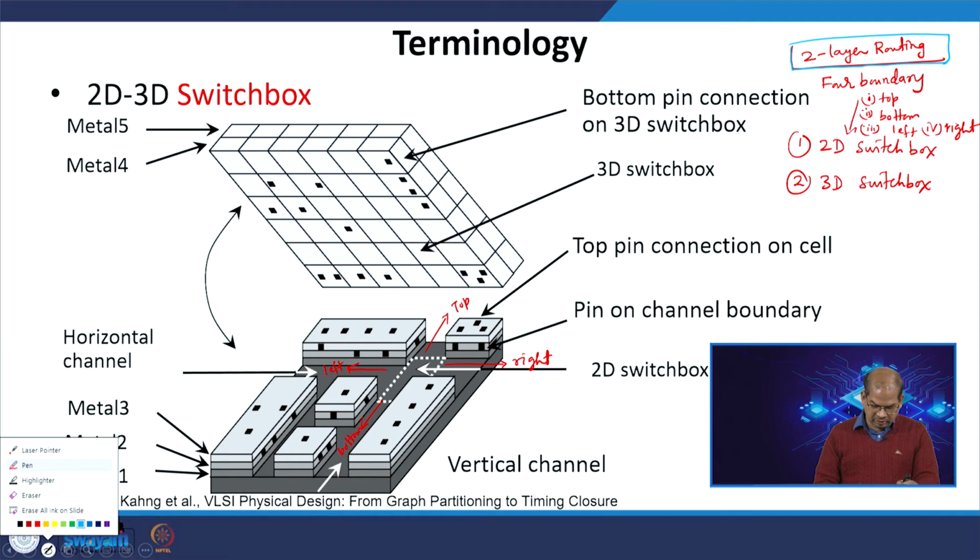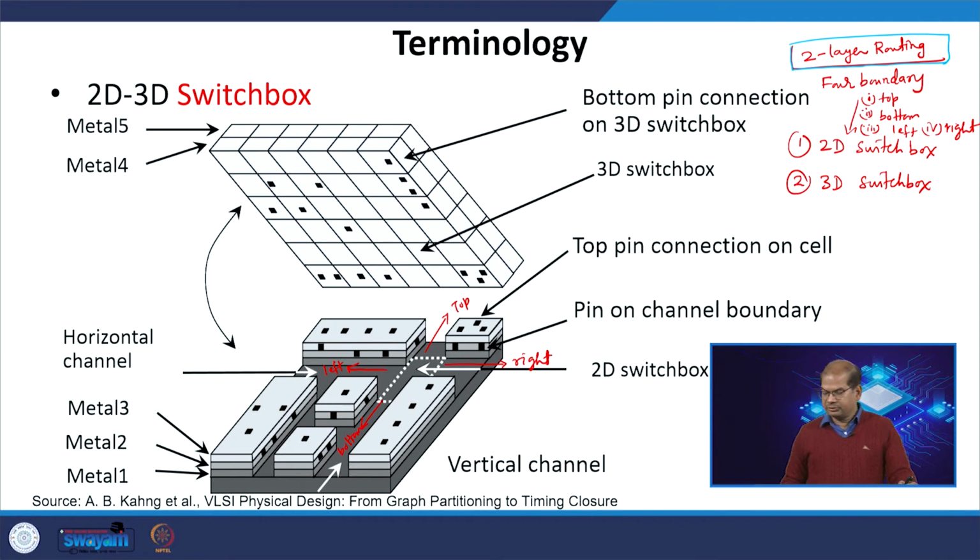Now, we will discuss the 3D switch box. In the 3D switch box, what is happening? It has 6 boundaries. The same 4 boundaries and two additional ones, the upper and the lower metals. It can go to multiple metals. If you can see here, metal 5 and 4 are used in the 3D switch box. We have top level metals and below level metals used.